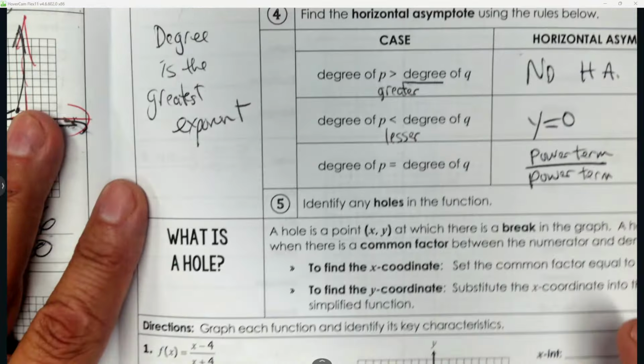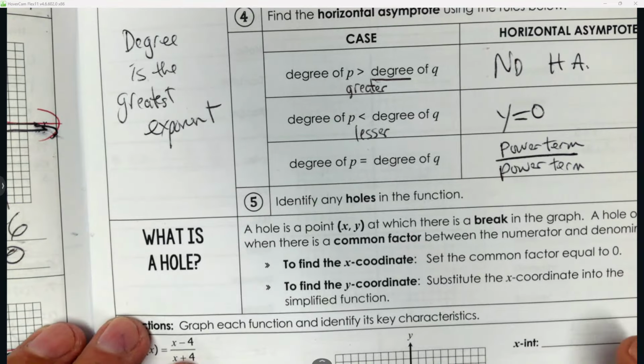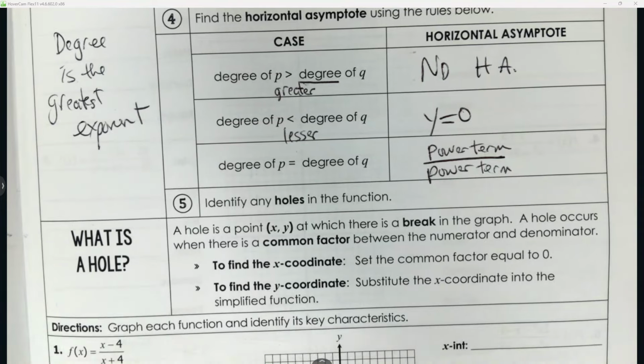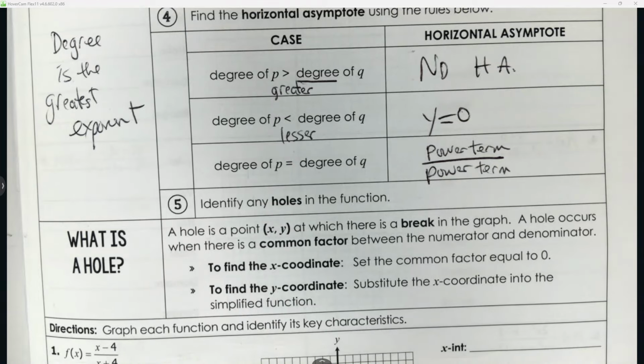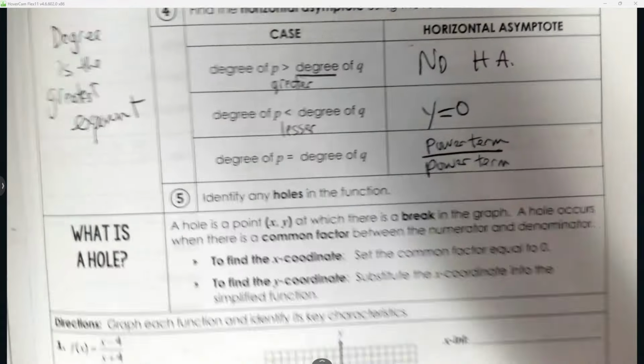So a hole is a point that's undefined rather than a line. And to find it, when you simplify, the factor that gets crossed out creates a hole in the graph. So when that happens, we're going to find where the undefined point is rather than an asymptote, which is a full line.